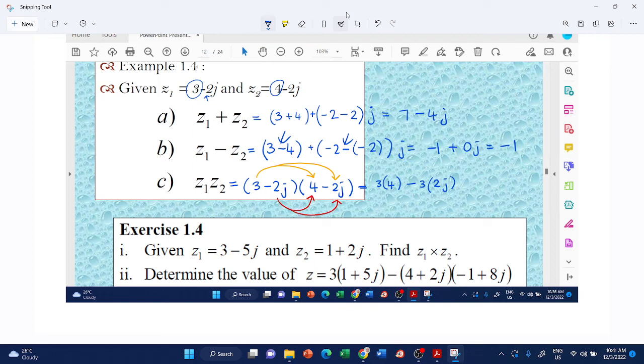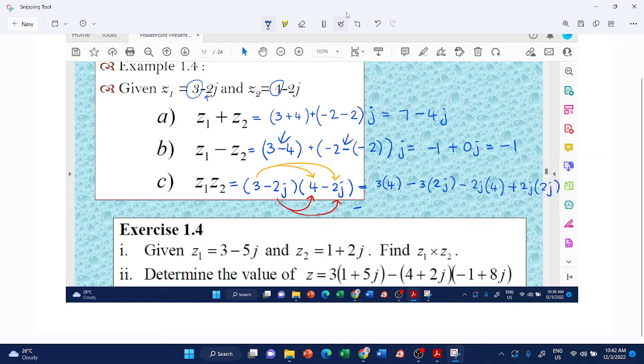Okay, red one. So sini ada negatif. Negatif 2j, so darab 4. Okay, so we have negative 2j bracket 4. Another multiplication, negative 2j times negative 2j. Kita dapat plus 2j darab 2j.